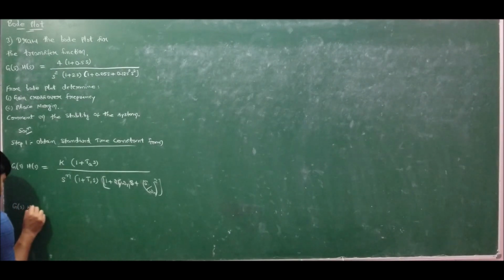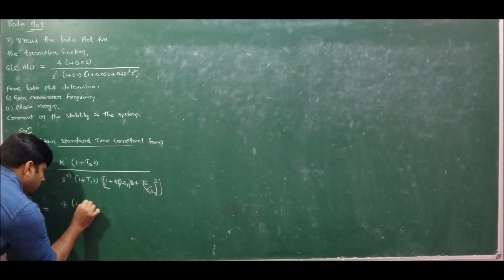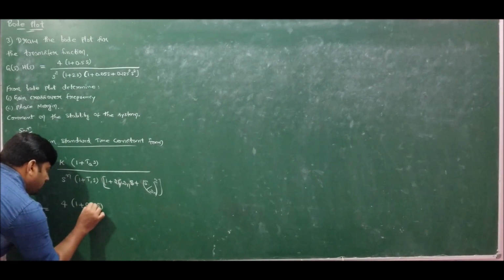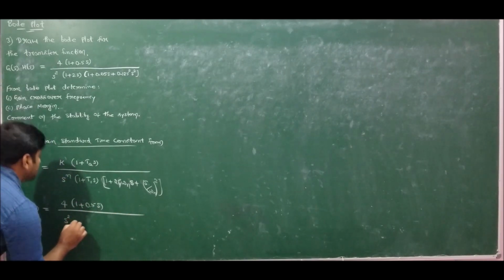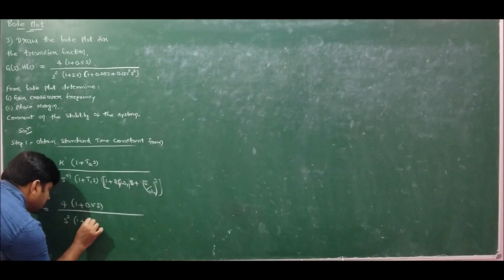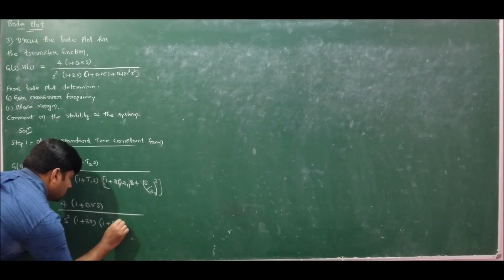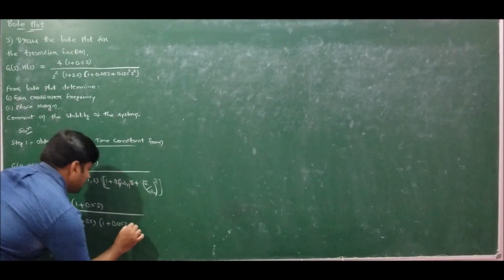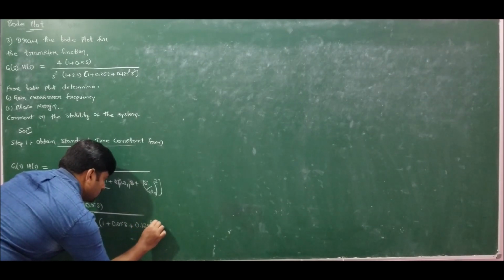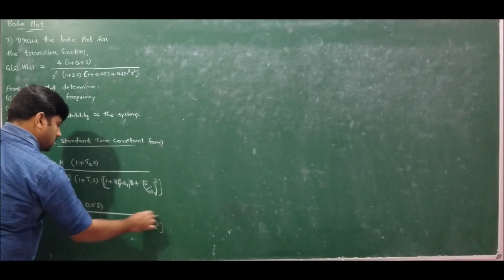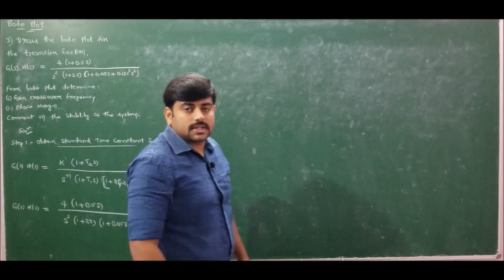So G(s)H(s) will be what? 4(1 + 0.5s) divided by s²(1 + 2s)(1 + 0.05s + 0.125²s²), correct? So this is what has been given, and comparing it with the standard form, we already have it in standard time constant form.